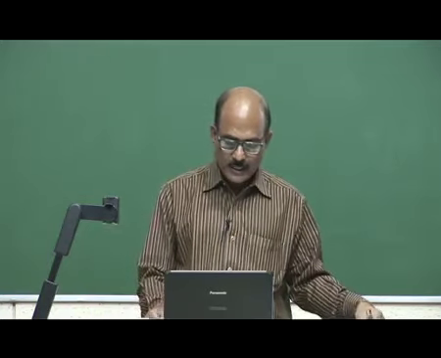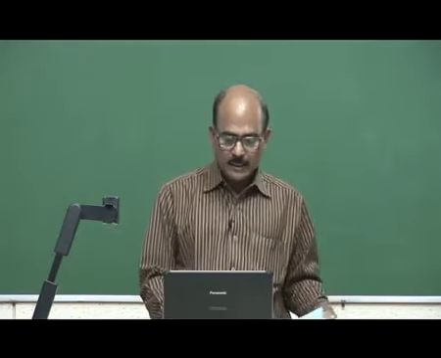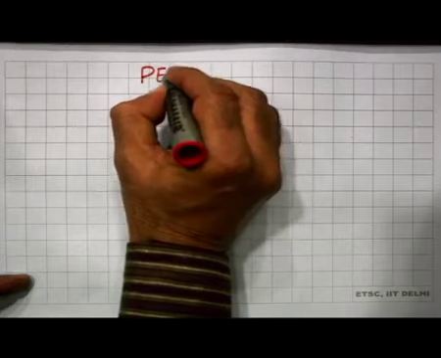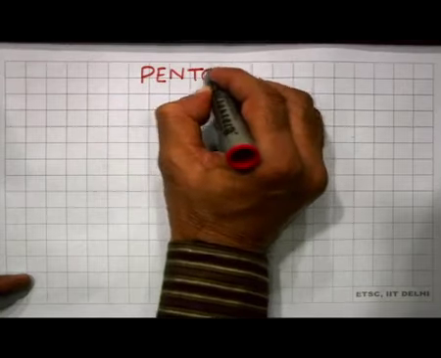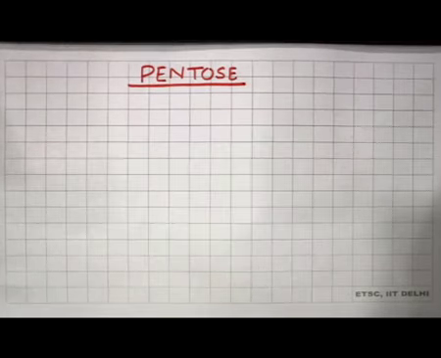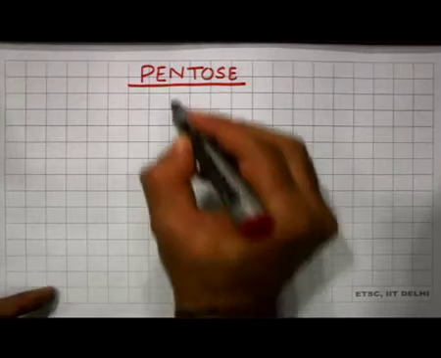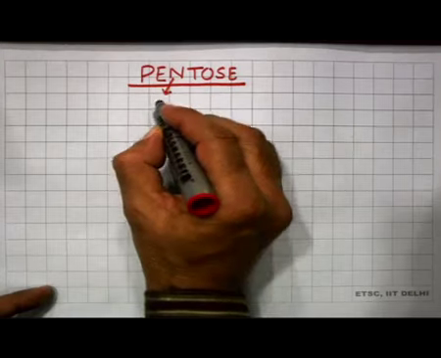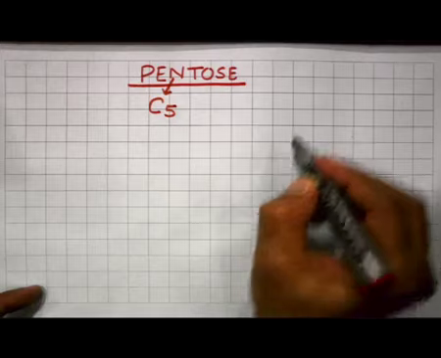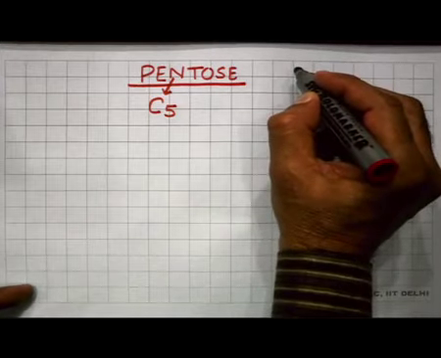Now, we can easily write the next monosaccharide, that is pentose. As the term indicates, penta means 5. Here the carbon atoms are 5 and the formula will be the same, CnH2nOn.